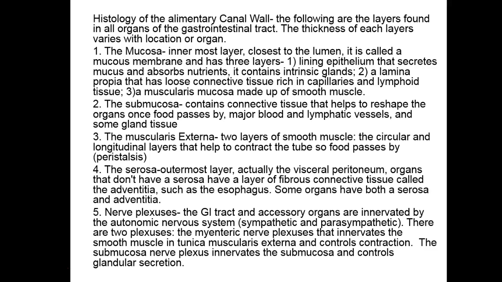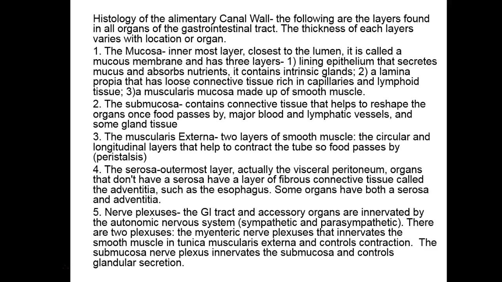They're innervated by the autonomic nervous system. Remember, that's the nervous system that you don't consciously control. It has two divisions, sympathetic and parasympathetic, and you probably remember the sympathetic is your fight or flight, parasympathetic is your rest and digest. Well, both of them have innervation in this area, but it's actually the parasympathetics that we generally want to control our GI tract, because it's the one that's going to move things along.